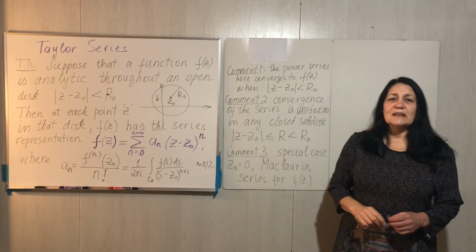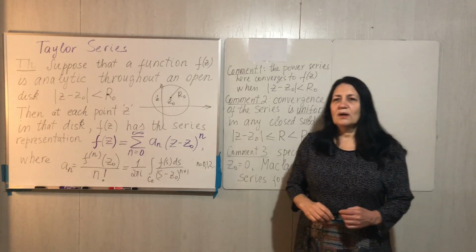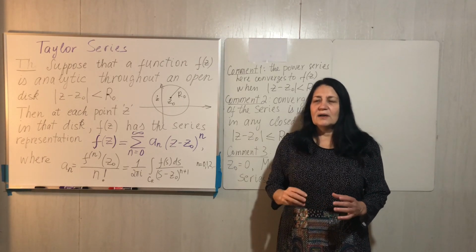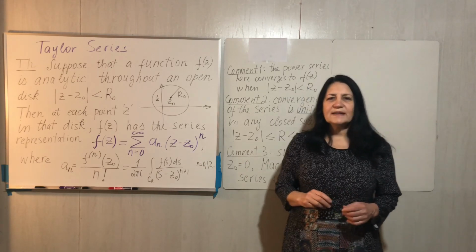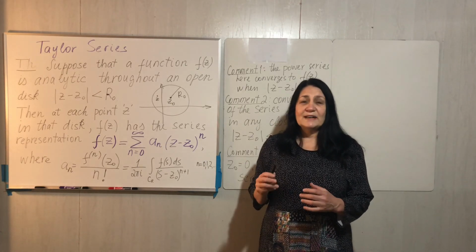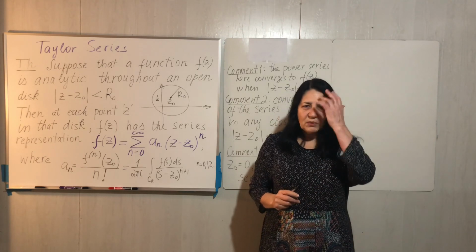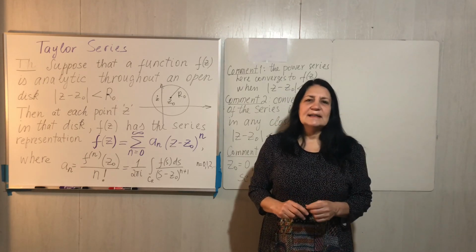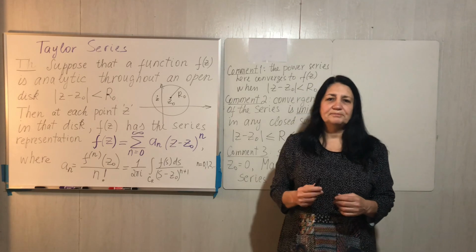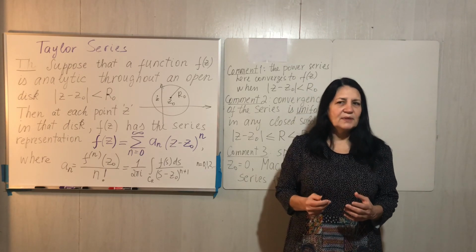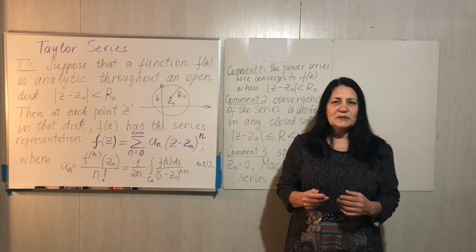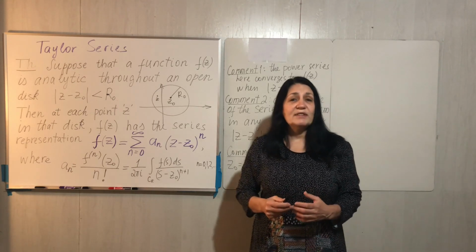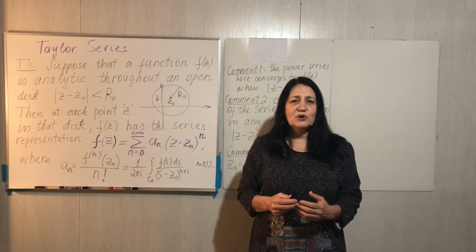So what does it mean uniformly? How did we define convergence? To define convergence of a series, we said that we want to look at the sequence of partial sums. How do we define convergence of a sequence?